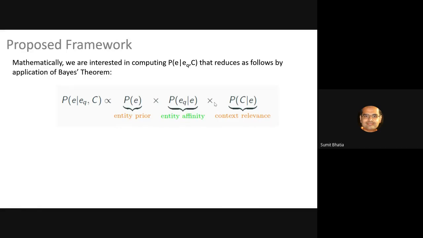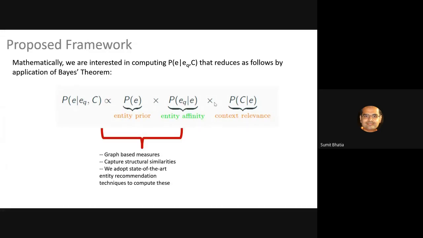Then, the chance that my target entity is related to my query entity, which is entity affinity. And the third component is what is the probability that my target entity is useful for my context C, right? So this is my framework. So actually, we have decomposed the initial task into simple, easy to understand components.